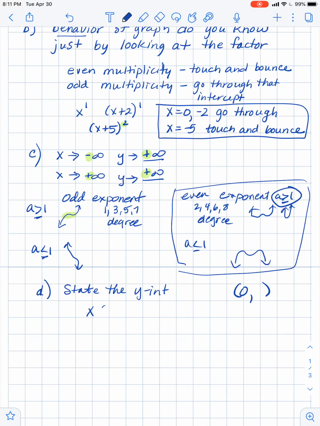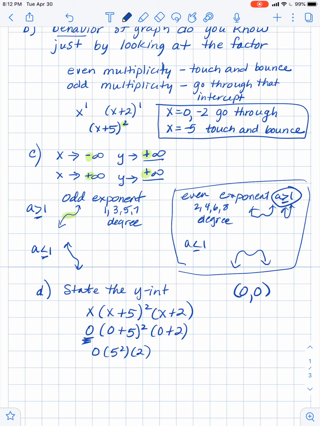So it is x times x plus 5 squared times x plus 2. So when I put my 0 in for x, that's what you have. And most of you ignored that 0 right there. So I get 0 times 5 squared times 2, but I don't really care about that because 0 times anything is 0. So your y-intercept is 0.